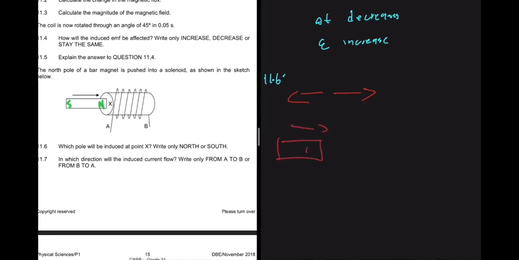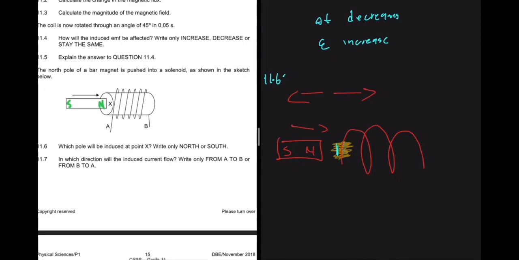Here we have the north, here we have the south, and here we have the coil, right? If we're pushing it towards, the pole that will be induced here is the pole that opposes the motion. So because you're pushing it towards, a pole that pushes it away will be induced. So if we have the north pole coming towards, then a north pole is going to be induced here so that it can push it away, right?